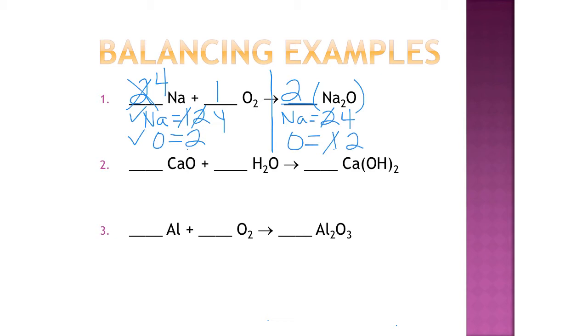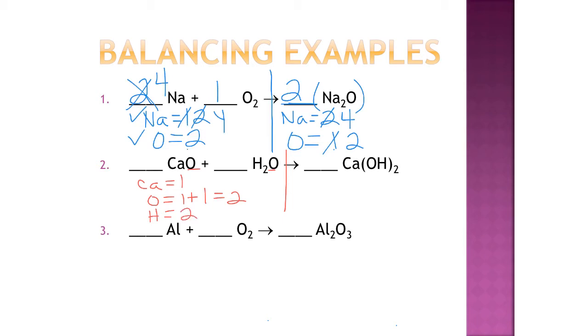All right, second one, cut it in half at the arrow, count up what we have on either side of the equation. So right now I have 1 calcium. I have 2 oxygens because 1 here plus 1 here. So that gives me 2 oxygens.